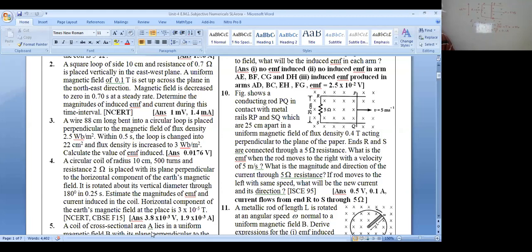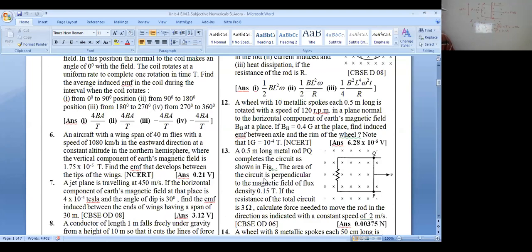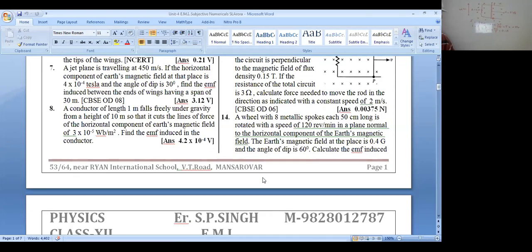Okay, now question 14, which we have discussed already. Just repeating this: a wheel of 8 metallic spokes, each 50 cm long, is rotated with a speed of 120 revolutions per minute.